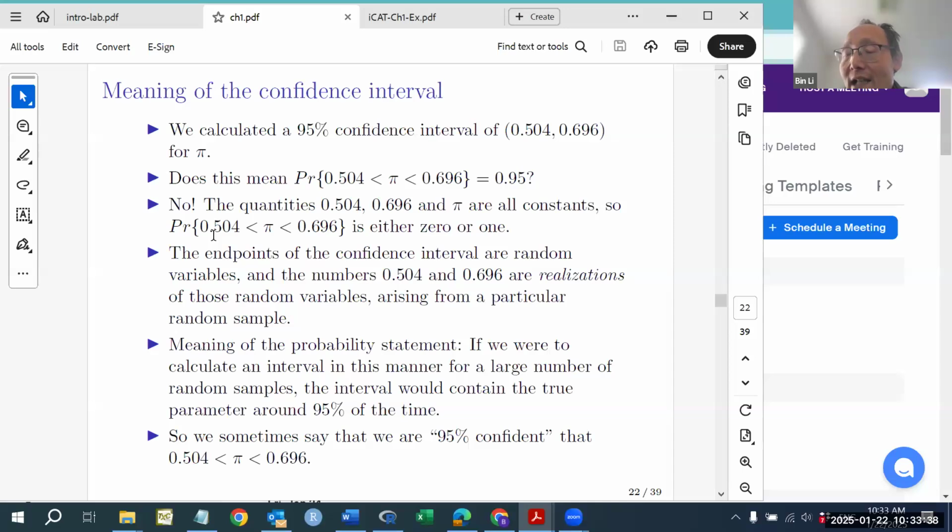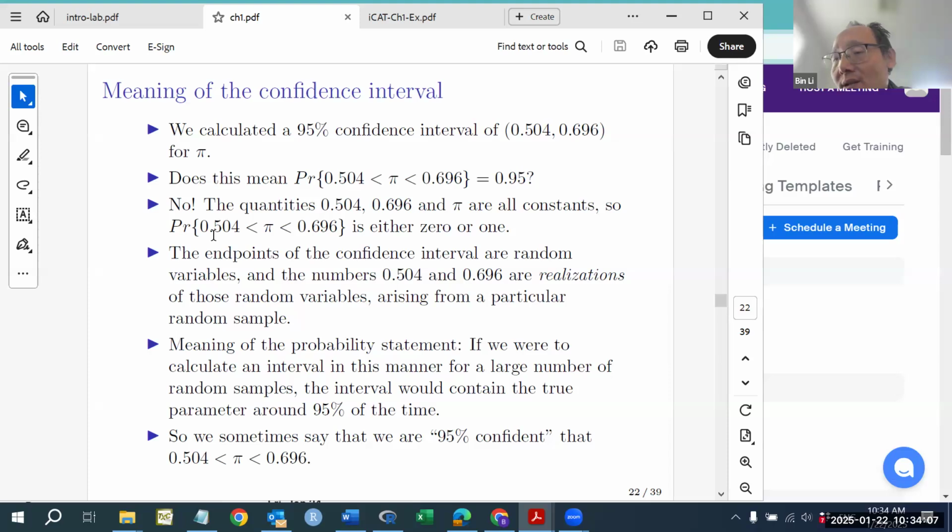And what does a 95% confidence interval mean? That means if we resample from the population repeatedly, and each time we get a random sample and construct the confidence interval, theoretically we can have many, right? And 95% of these confidence intervals will catch the unknown parameter.